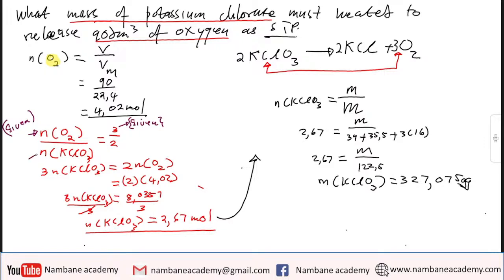And then at the bottom I put the one that is unknown, or the question, the one for which I'm going to be looking for the number of moles. This also relates to the coefficient of the unknown.